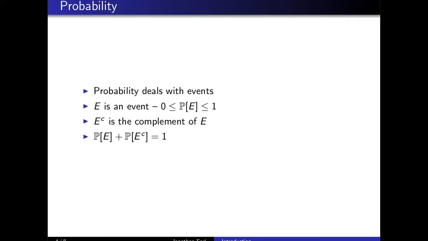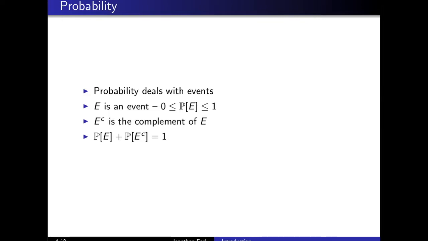And when we're talking about some event, the complement of that event is denoted by E with a C as a superscript. One thing that we can observe is that the probability of an event plus the probability of its complement is always 1. So imagine that our event was that the dice roll is a 4. The complement is everything else that could occur.